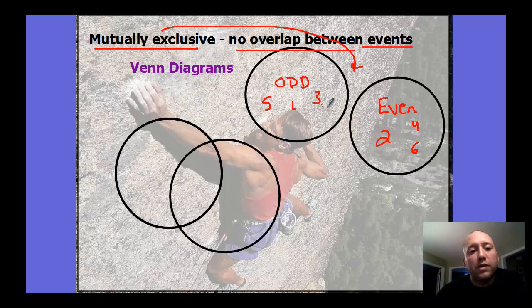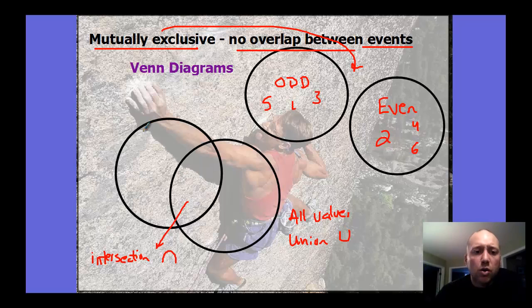There's no overlap. These are mutually exclusive. If they're non-mutually exclusive, then there is going to be an overlap. This area right here is called the intersection, and the intersection uses this symbol. All values in both sets would be called the union, which uses this symbol.